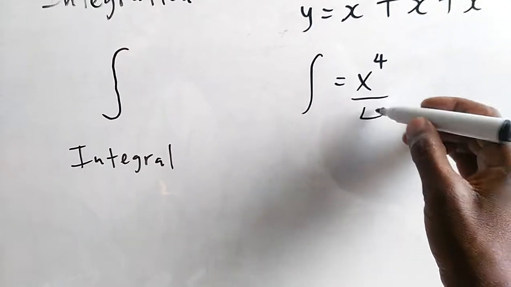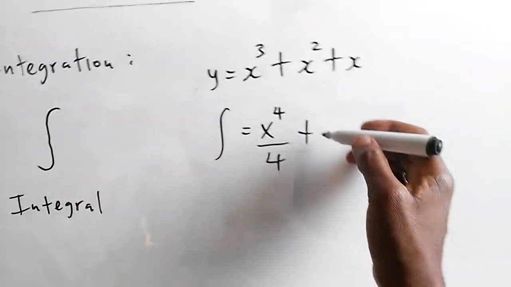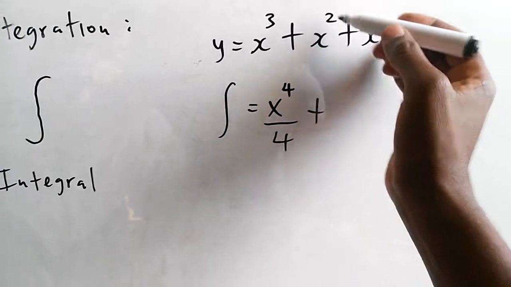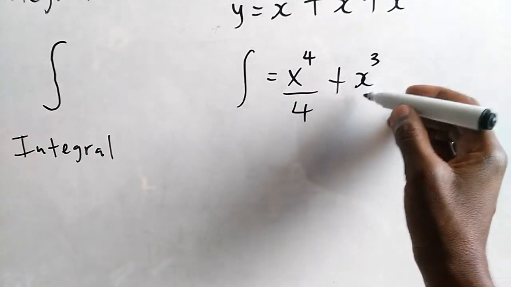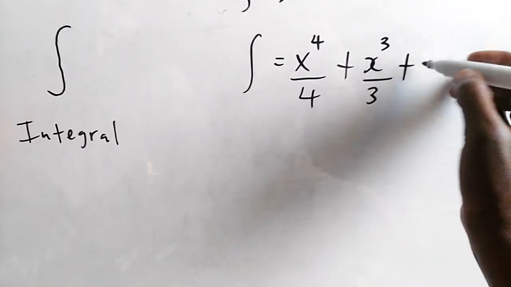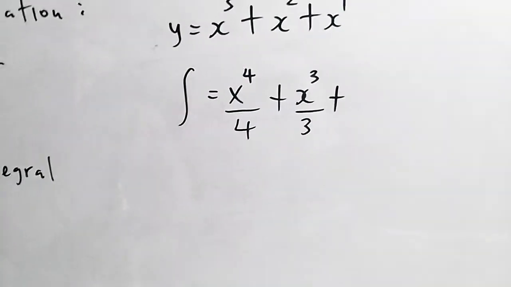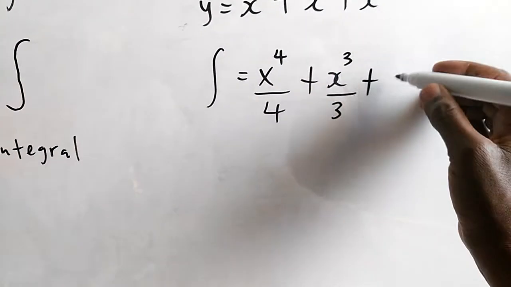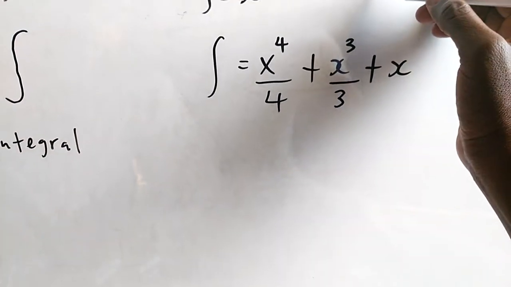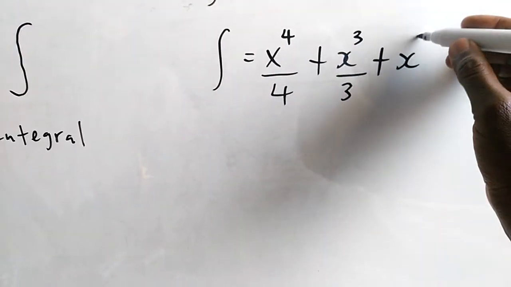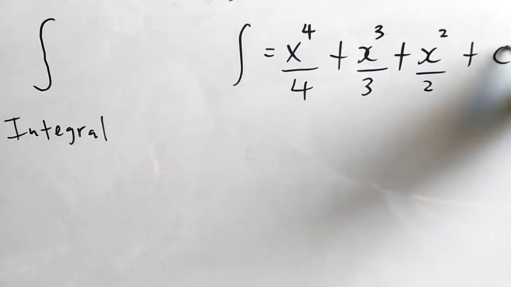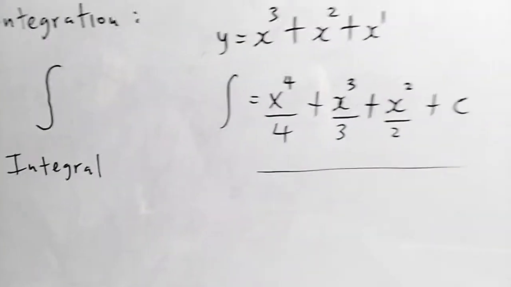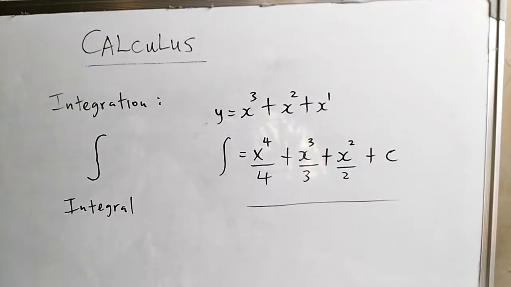Drop the same 4. Plus x to the power 2, you say x to the power 2 plus 1, it will be 3. Drop the same 3. This is x to the power 1, so you say x to the power 1 plus 1, it will be 2. Drop the same 2 and then include a constant. That will be the answer.